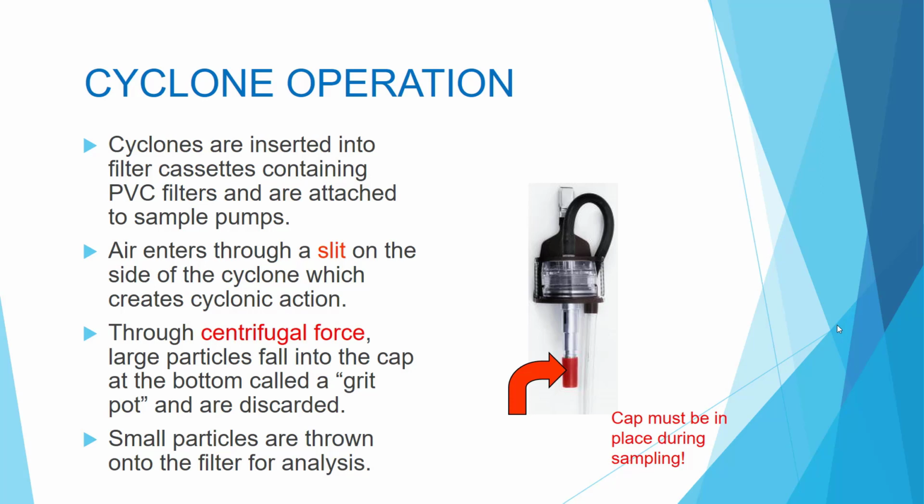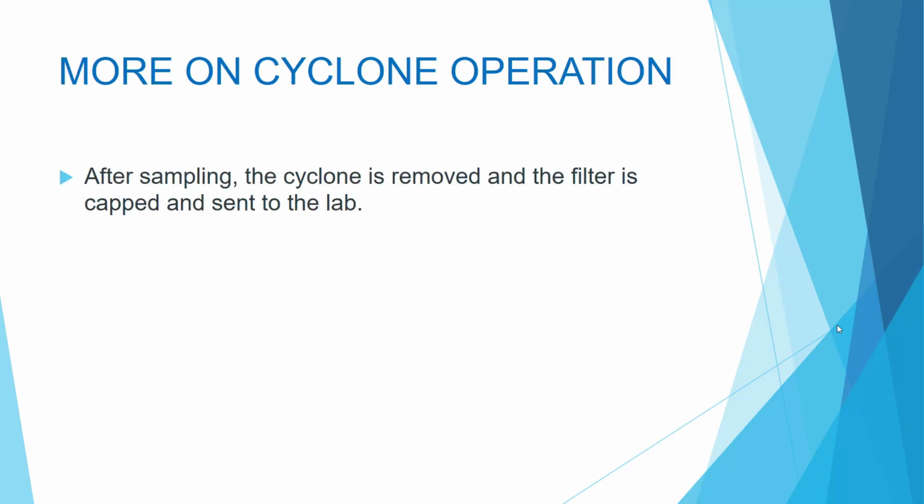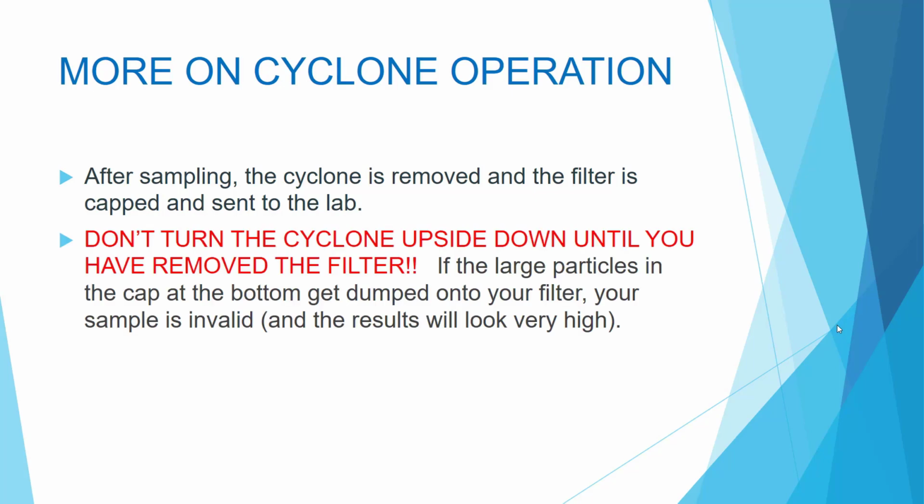Please remember to keep the cap or the grit pot on the cyclone during sampling. For some reason, many users want to remove the cap, and that is incorrect. After sampling, the cyclone is removed and the filter is capped and sent to the lab. Do not turn the cyclone upside down until you have removed the filter.